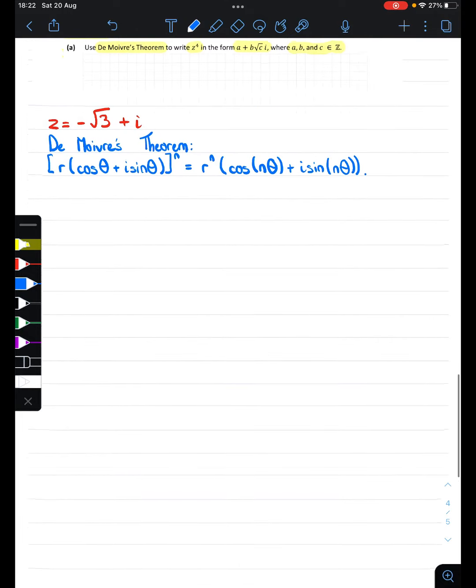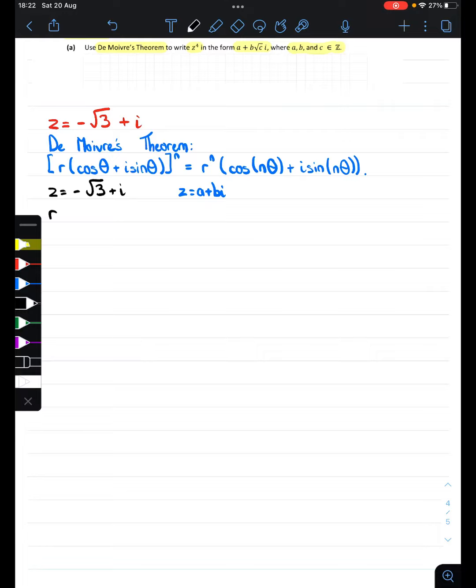Okay, so we have a problem. We have our complex number in the form z equals minus root 3 plus i, in standard form z equals a plus bi, and we need to get it into the form r cosine theta plus i sine theta.